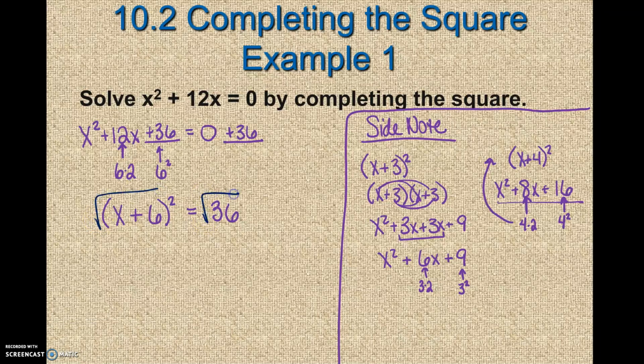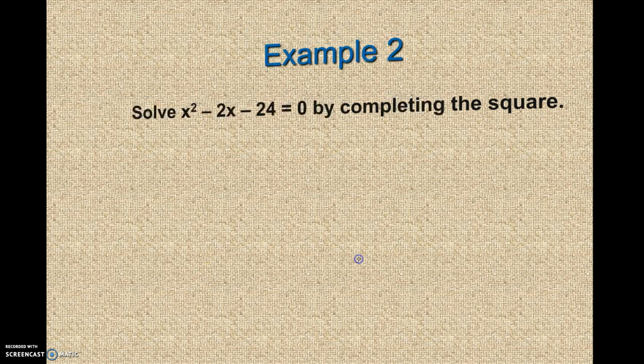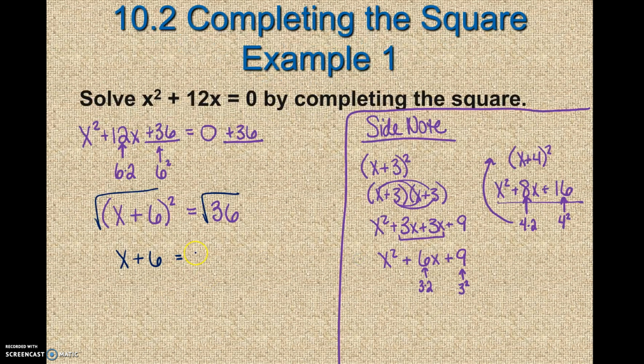How would we solve that equation? Square root both sides. x plus 6 equals plus or minus 6. Now remember, this is positive 6 and negative 6 on the right. So we are going to subtract 6 on both sides.